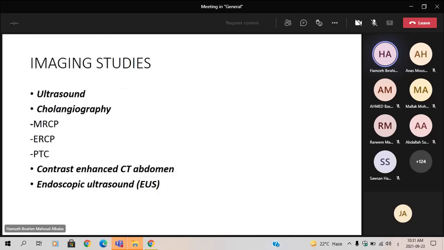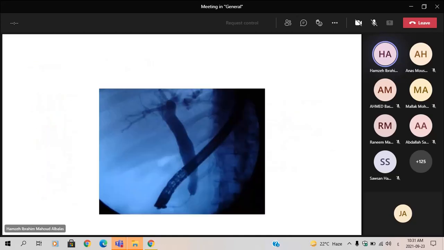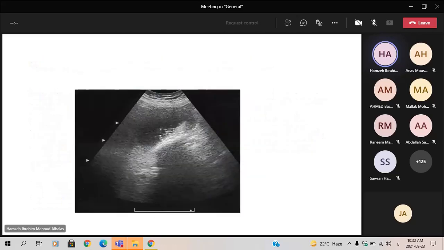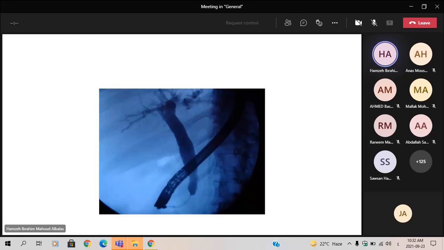We have to diagnose and treat, using ultrasound, MRCP, and ERCP. Before treating the cause, we have to stabilize the patient, because stabilization is the crucial step, and we can stabilize the patient in 2 to 3 days. After stabilization, we can start doing the surgery or ERCP, which gives us a good description of the pathology and the treatment for the pathology.